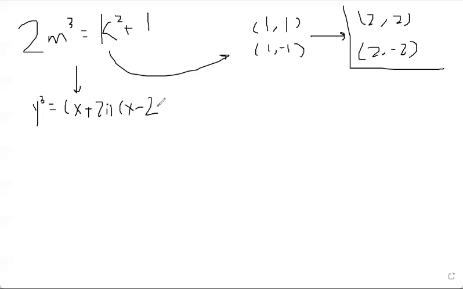And now we know, since we already looked at the case where 1 plus i divides both these numbers, and it turns out we get these solutions. So now we just need to look at the case where these two numbers don't share any prime factors, which means they both have to be perfect cubes. So x plus 2i equals c plus di cubed.